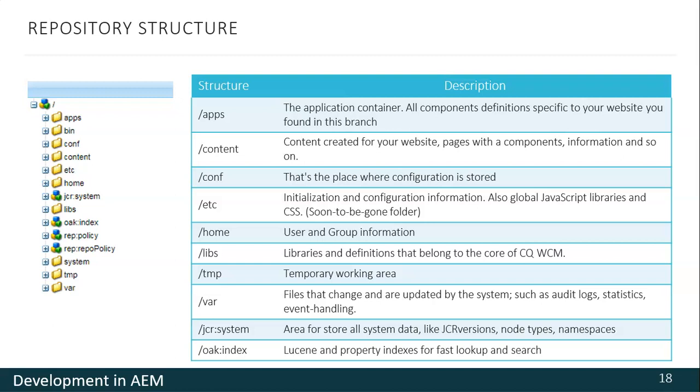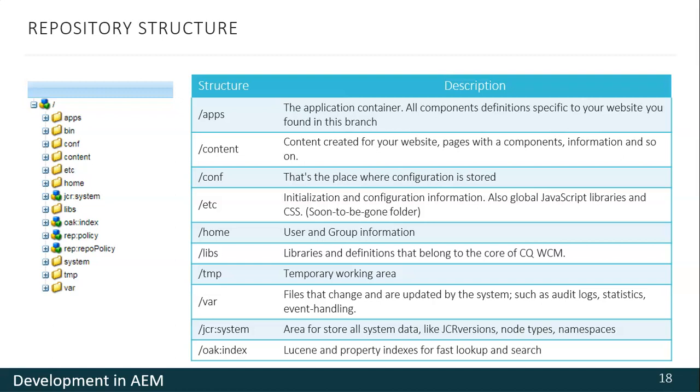Conf is the place where configurations are stored, such as content-aware configurations or some cloud configurations. They also store editable template definitions and their instances and custom workflows as well. The etc folder holds initialization and configuration information.